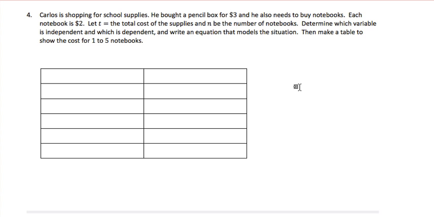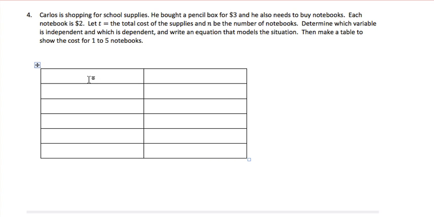And then in our final exercise, Carlos is shopping for school supplies. And he bought a pencil box for $3 and also needs to buy notebooks. Each notebook is $2. So we're going to let the total T equal the total cost of the supplies and N be the number of notebooks.